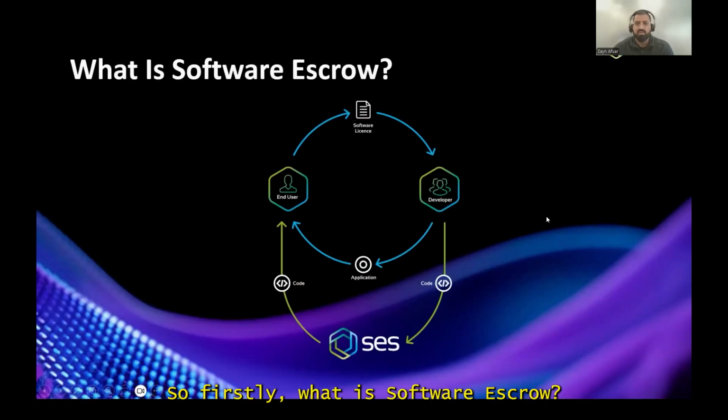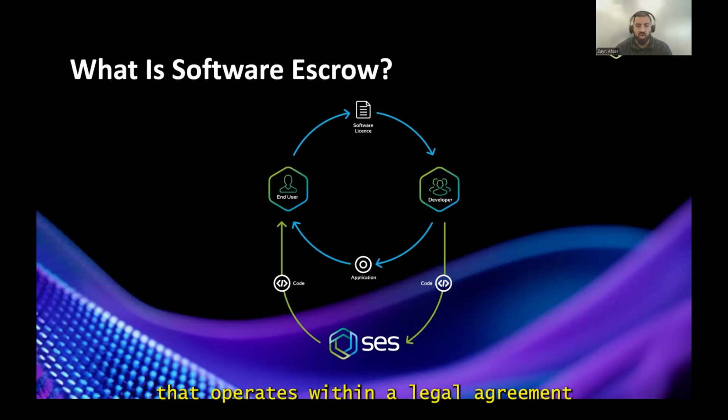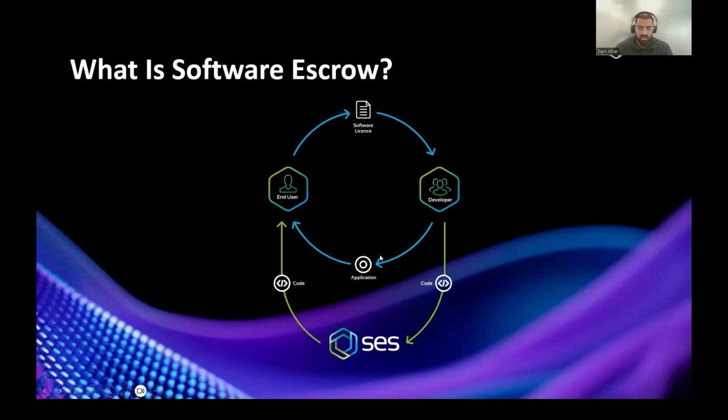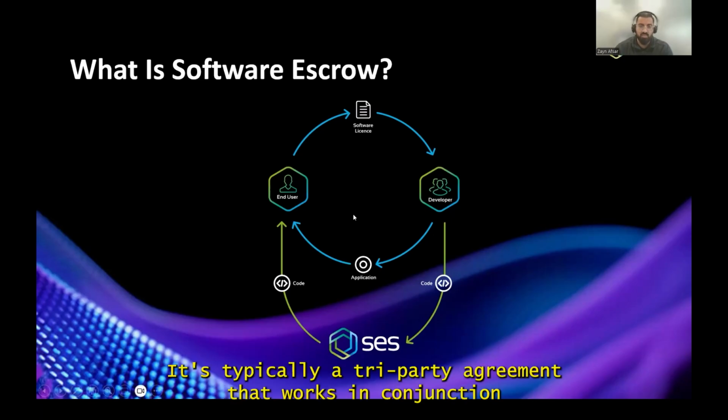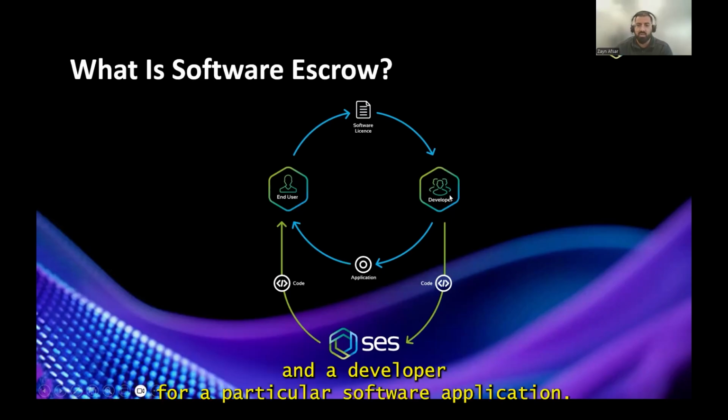So firstly, what is software escrow? Software escrow is essentially a risk mitigation tool that operates within a legal agreement and is there to safeguard critical software applications. It's typically a tri-party agreement that works in conjunction with a software license that would be in place between an end user and a developer for a particular software application.